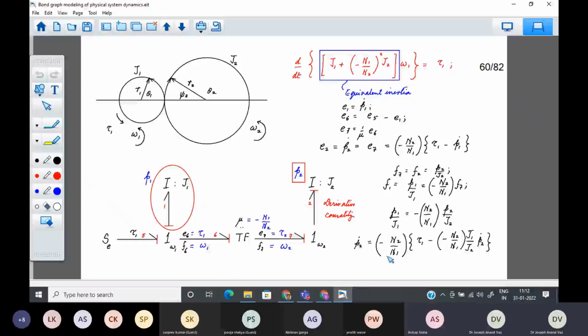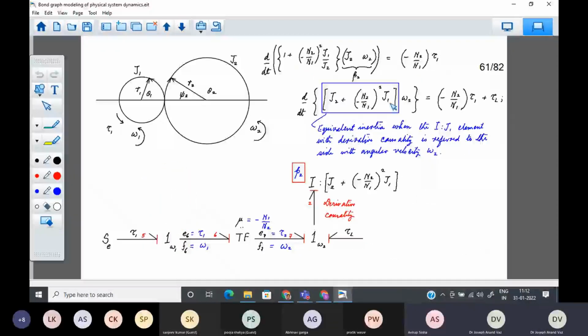You will get it as minus N2 by N1 times this expression. Here you have on the left hand side P2 dot, and also on the right hand side you have P2 dot. So you can take P2 dot towards the left hand side.